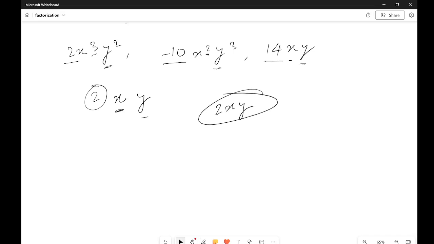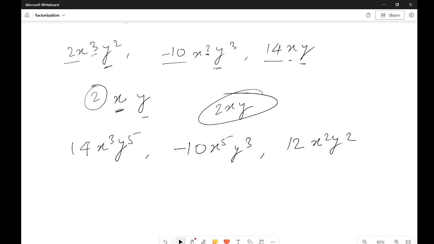Okay, now let's try a few more. Let's say 14x cube y power 5, minus 10x power 5 y cube, and the third expression 12x square y square. In a similar fashion, in the similar method as we did before, first the constants: 14, minus 10 and 12.